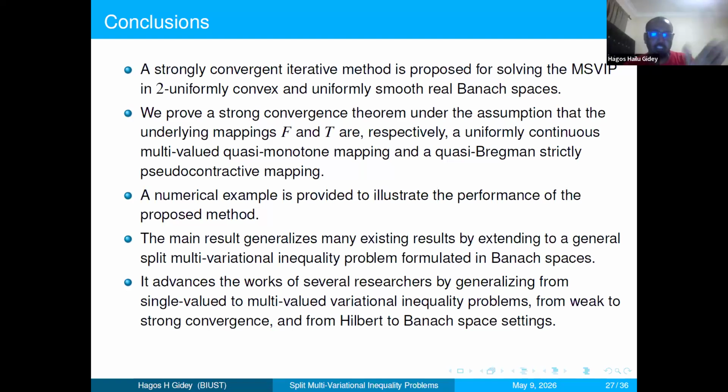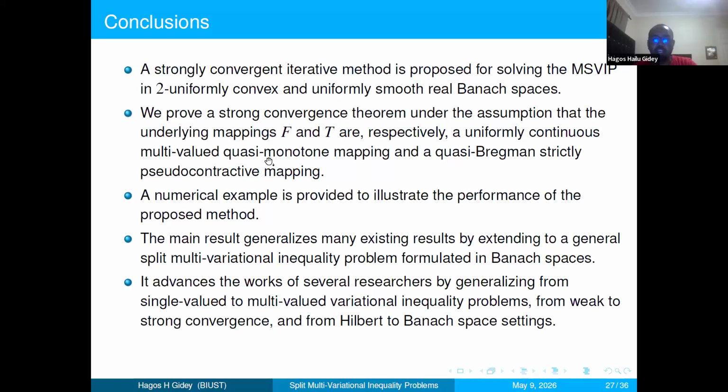And here are just some of the conclusions from the study. We developed this strongly convergent alternative method to solve the multi-valued split variational inequality problem in two uniformly convex and uniformly smooth real Banach spaces. And we provide numerical examples that validate the theoretical results.